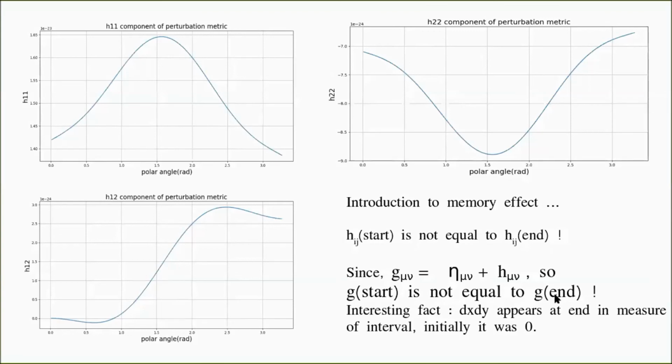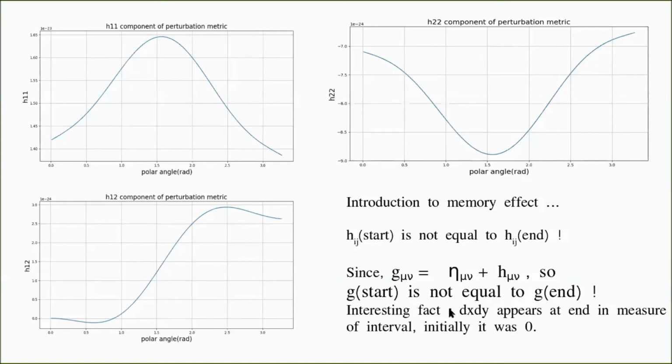So we can infer that suppose there is a rod of 5 meters before the gravitational wave has passed through it. When it passes through it, its measure of length oscillates, and when the gravitational wave has ultimately passed through it, it becomes either 7 meters or 3 meters, as the measure of the length has changed.